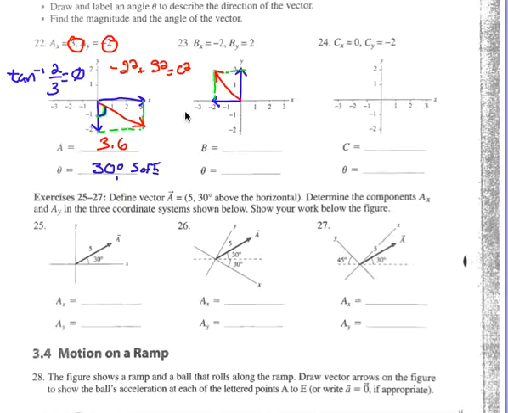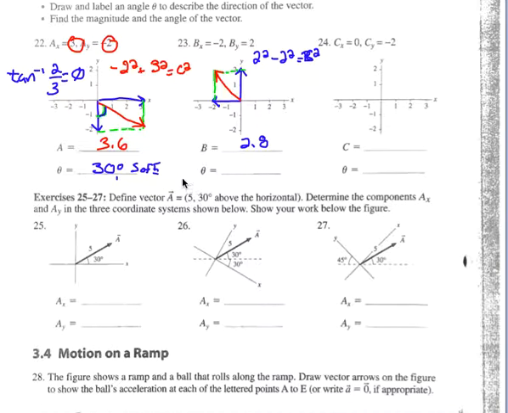And so again, we use the Pythagorean theorem to find our missing side. Or in this case, it's b, isn't it? We get b equals 2.8.